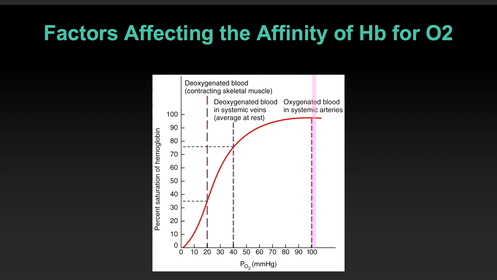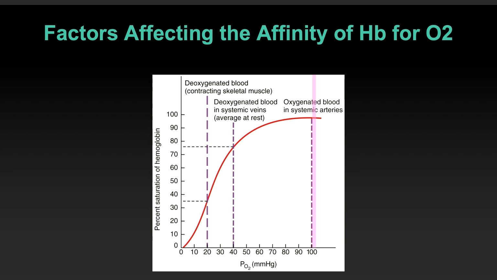You want the blood to be loaded with oxygen, you want it to be oxygenated, you want hemoglobin to be fully saturated. And at the PO2 that we encounter at the alveoli and on the arterial side, luckily hemoglobin is fully saturated.